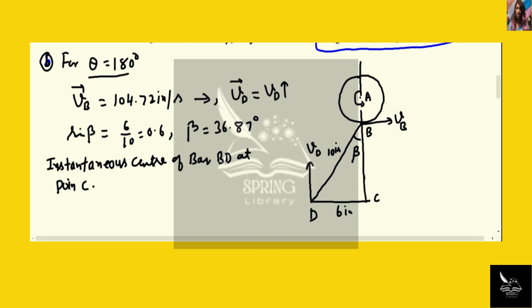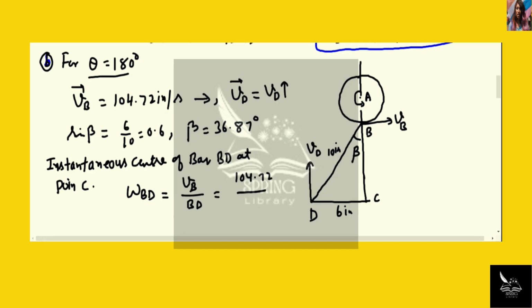So the angular velocity of bar BD will be the velocity of B upon BD. The velocity of B is 104.72. BD you have to find.